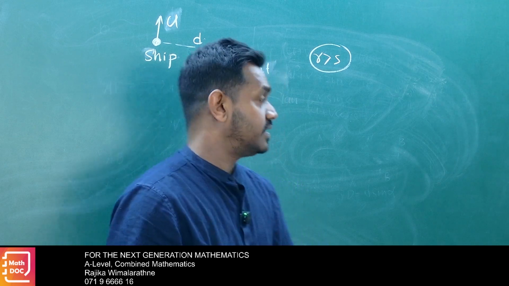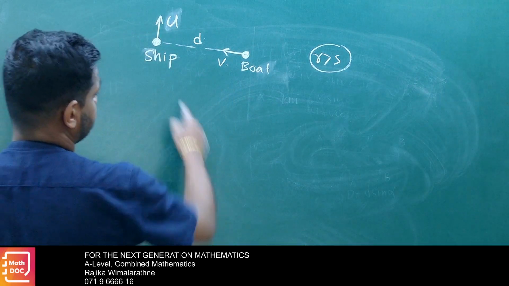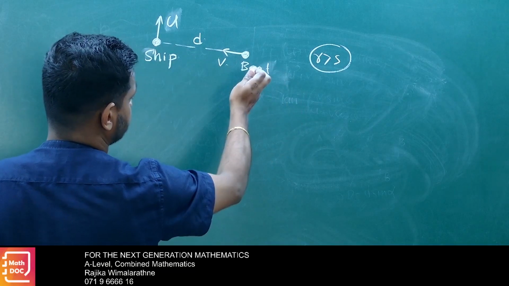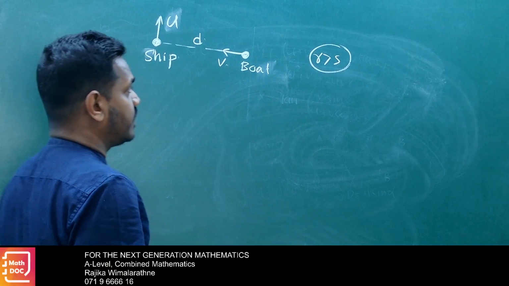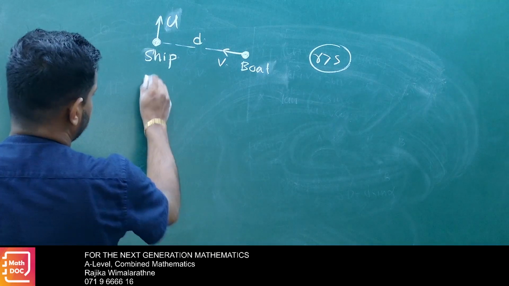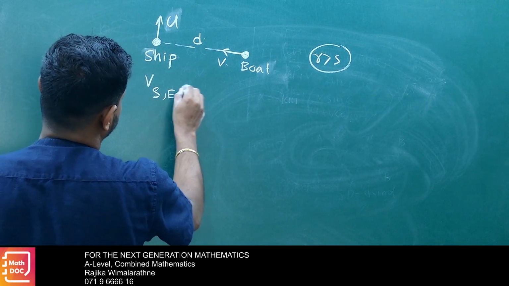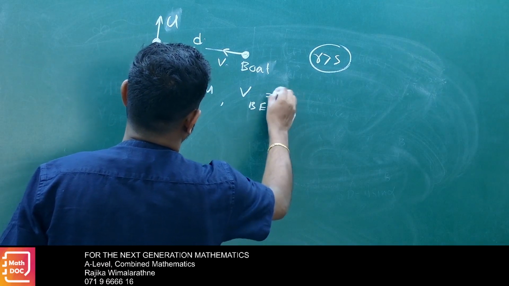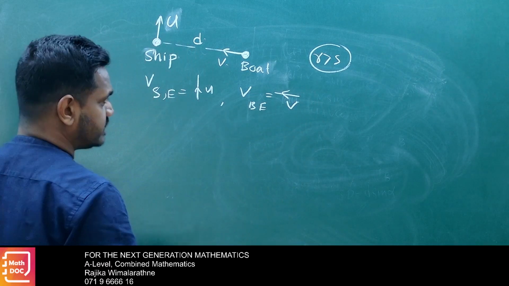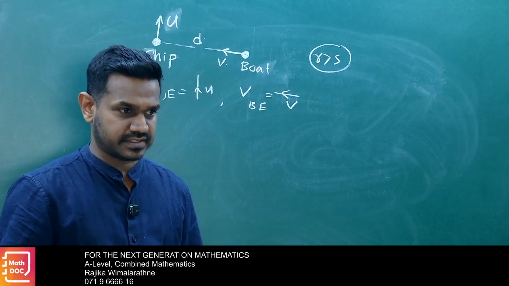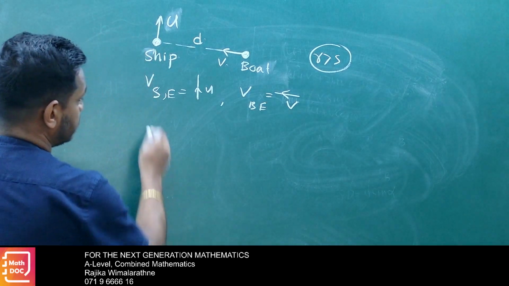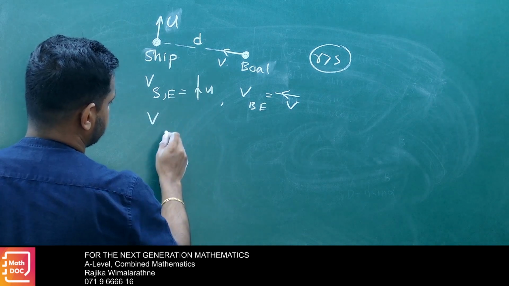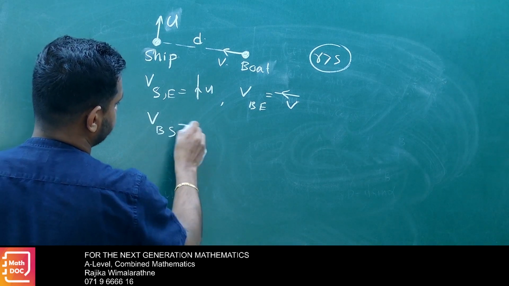Okay. Now you better do it with me. Here, initial case: ship due north with velocity u, boat due west with velocity v. Then velocity of ship with respect to earth is u, velocity of boat with respect to earth is v. It asks about the shortest distance, so you find the shortest distance now. To find that, consider the velocity of the boat with respect to the ship. You can take any one.